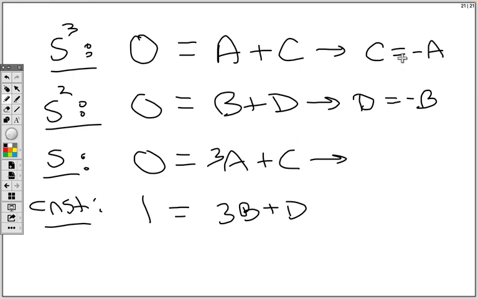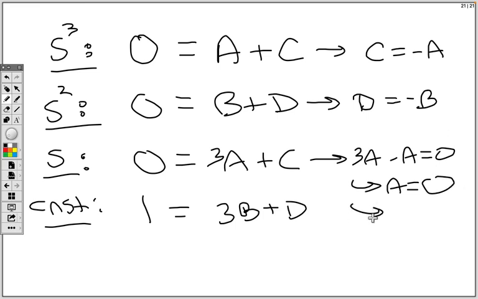So now let's see, if c is minus a, this would say that 3a minus a is 0. That's going to give us that a is what? 0. Which means c is also going to be what? 0. And then we've got this one here, d is minus b. So 1 is going to be 3b minus b.